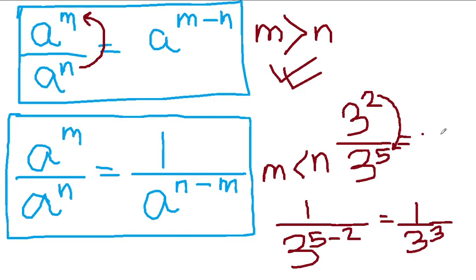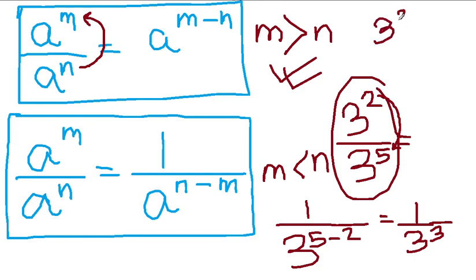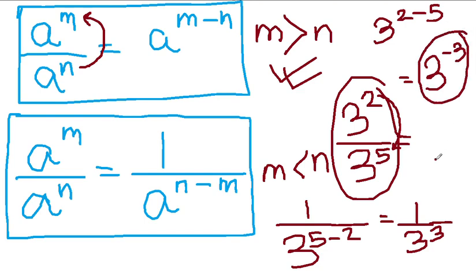Let me show it in a different way now. I am taking this question once again. 3 squared over 3 to the fifth. If I wanted to take this 5 to the top, that would be a negative 5, okay? In that case, my answer would be 3 to the power of negative 3. Now, 3 to the power of negative 3 means 1 over 3 cubed.